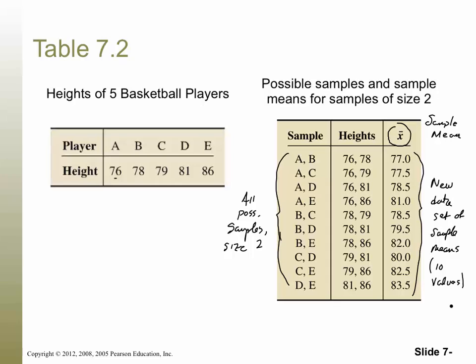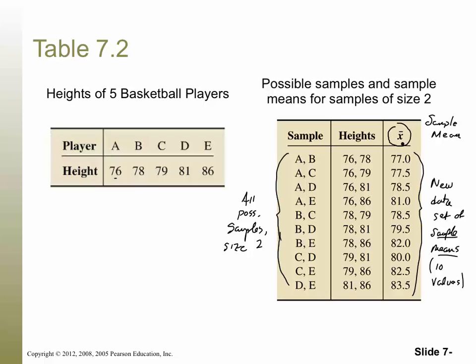So this is a really important concept. We're going to talk a lot about it, and you have to see what's going on. The original data was 5 heights. What was the value of the variable? Height, a basketball player's height. Now we take all the samples of size 2 and find the mean of each sample of size 2. That's a new data set. And what's the value of that variable? Sample means, right?